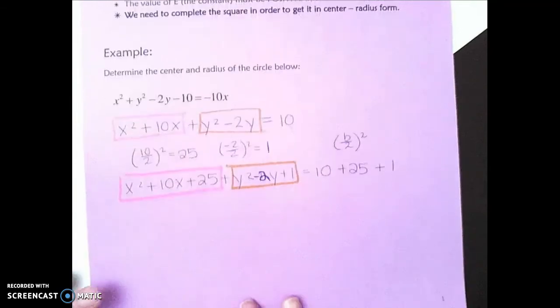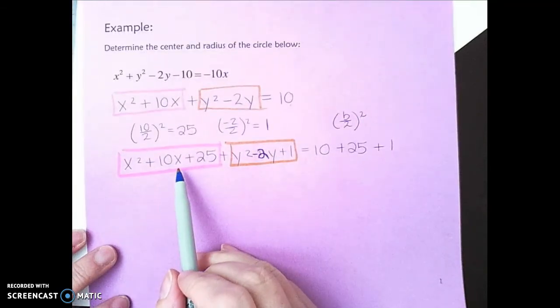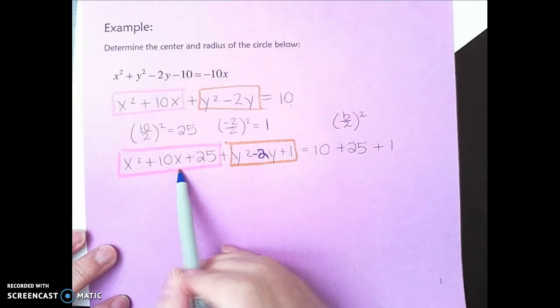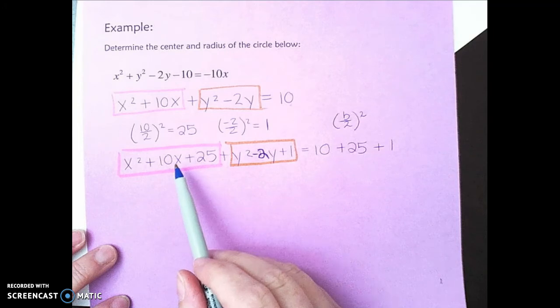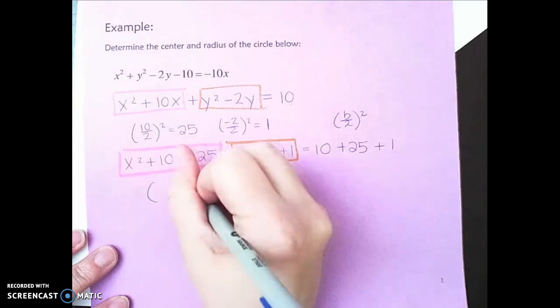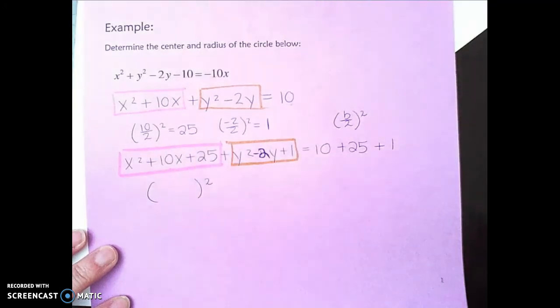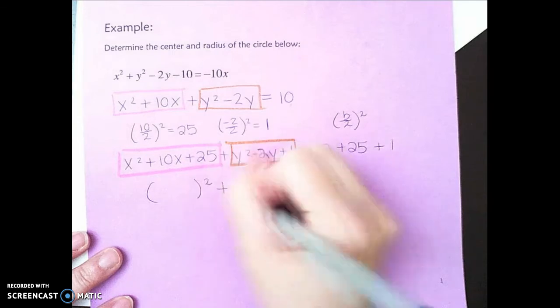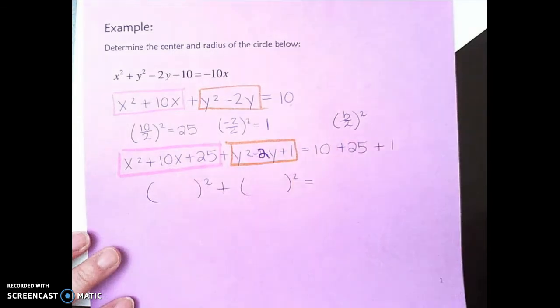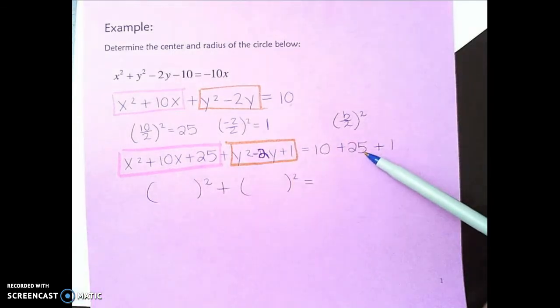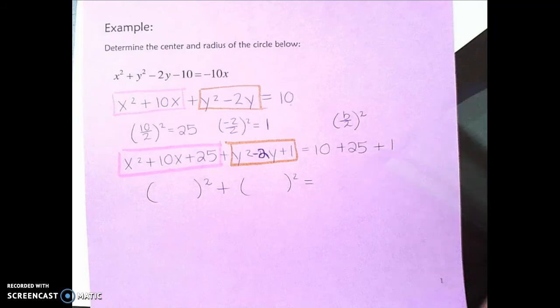Now I'm going to factor each of my trinomials, and we'll have one perfect square plus another perfect square equal to, and the right side is easy to evaluate: 10 plus 25 plus 1 is just 36.